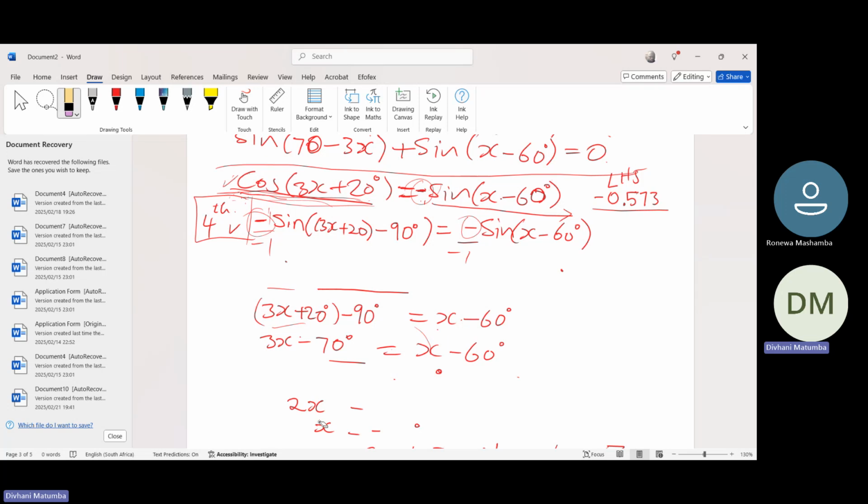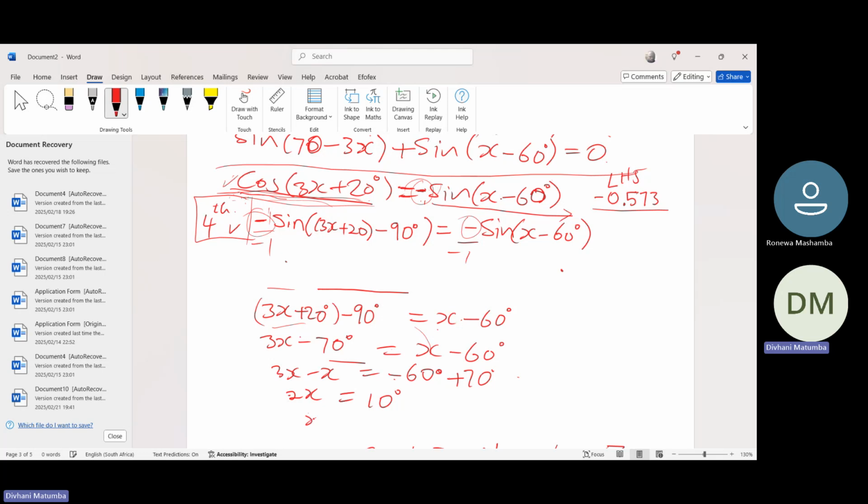If we take x to the other side, we will have 3x minus x is equal to minus 60 degrees plus 70. So 2x is equal to 10.